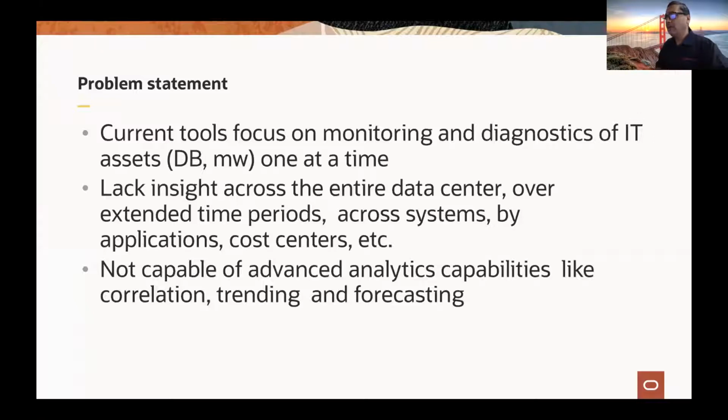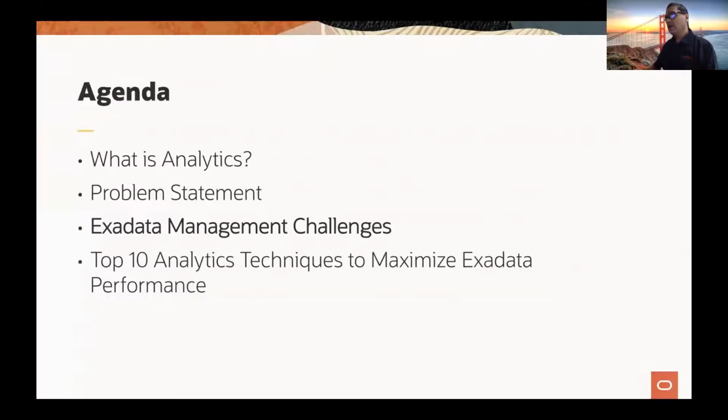So how do you identify a pattern of problems over large historical time periods across your entire data center? And because we are just monitoring today, we are not able to do analytics like correlation, trending, and forecasting, because this requires either some kind of statistical analysis or a machine learning capability, which again requires horsepower to run out of the box. So that's my problem statement.